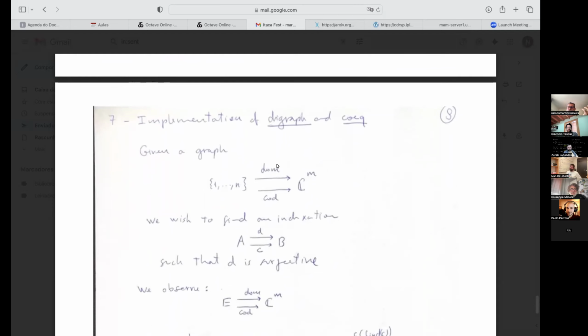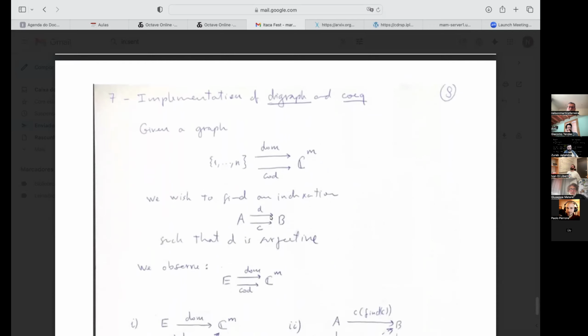One matrix is interpreted as domain, another matrix is interpreted as codomain, and we wish to find an indexation of that graph, just to work with indexes. And moreover, we would like the domain map to be surjective, because, as I was saying, we will always be looking for an endomap of the domain such that the codomain is encoded as the domain composed with this endomap. So one of the necessary conditions for that is that T is surjective.